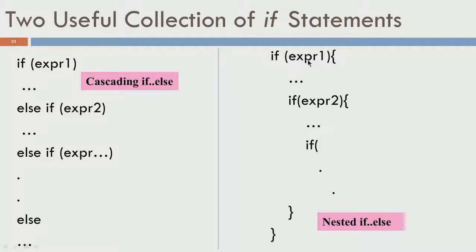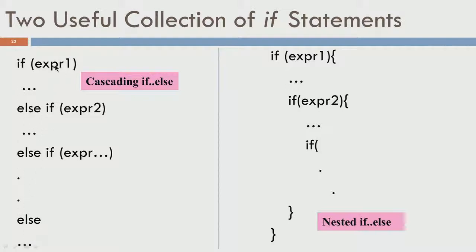The other case is nested if else. So, we have if expression 1 do a blob of code, if expression 2 do a blob of code, and so on. What happens here is only one of these blobs will execute depending on the conditions for expression 1, expression 2, and so on. So, if expression 1 evaluates to true, this blob of code will execute and none of the others will get executed.